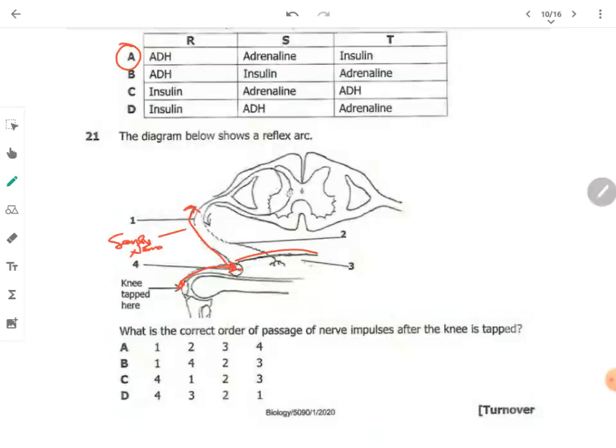Then it will go all the way into the central nervous system, where it will find the relay neuron. Then from the relay neuron, it will come all the way with the motor neuron up to here. Now this part here, which has been labeled as 3, is the effector organ. So the order is 4, 1, 2, 3. The answer is C.